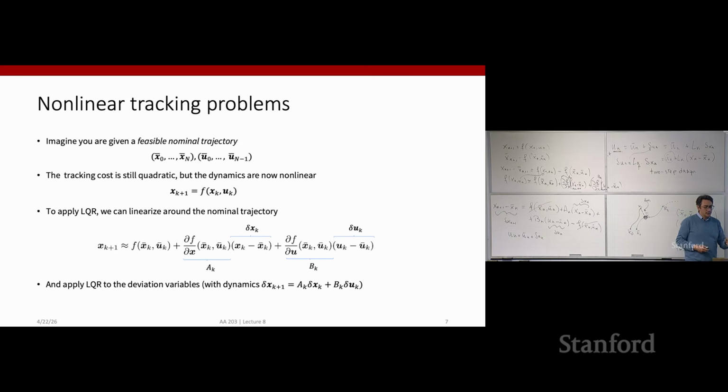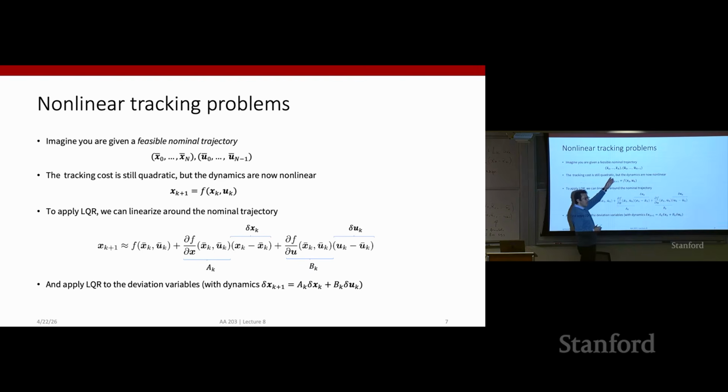In other settings, and that becomes a little bit more problem dependent, if you are given a state trajectory, you can backtrack the controls that give rise to that state through the dynamics, for example, using techniques from differential flatness. So bottom line, either you use an algorithm that gives you the state-control pair, or somehow you have to backtrack the controls that give you that state trajectory. Otherwise, you cannot really use this formulation.